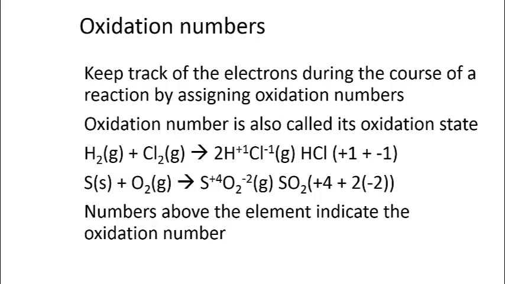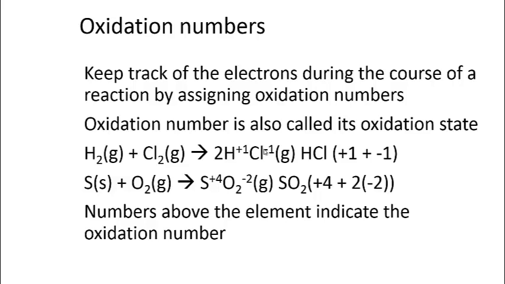Thus, we can rewrite our equations as H2 gas plus Cl2 gas yields 2H+ Cl-, and S plus O2 yields S+4 O2-2, and these numbers above indicate the oxidation number.